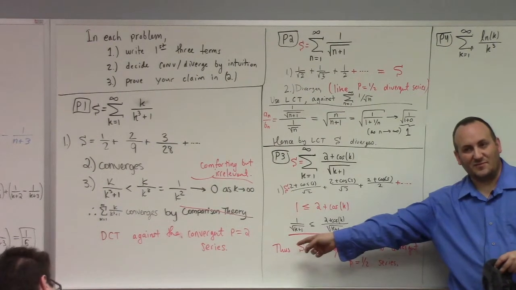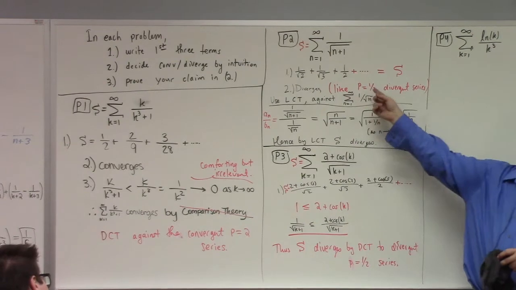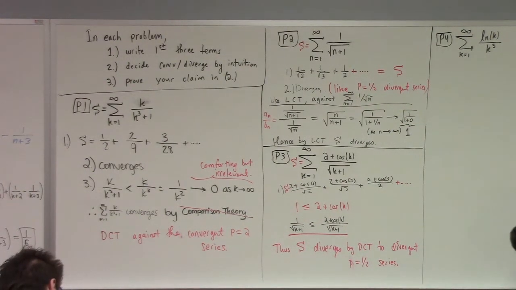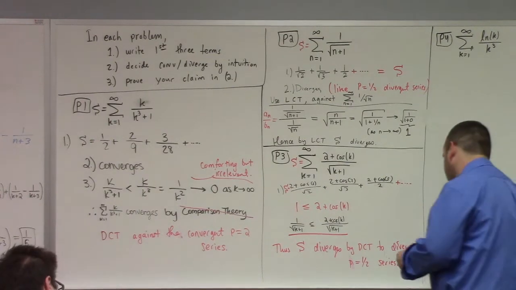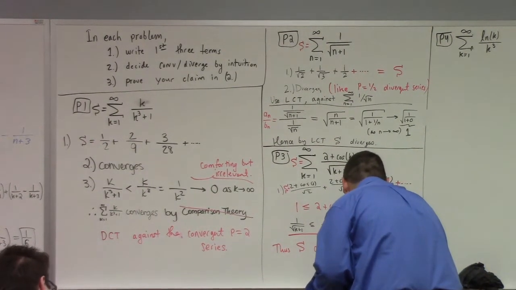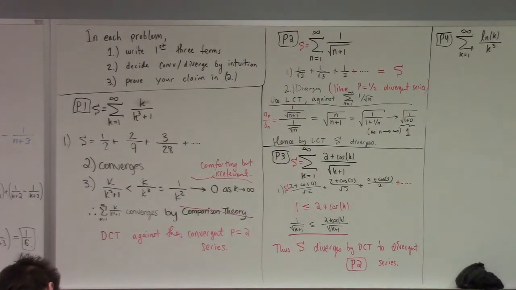So what am I using at the moment? Yeah, using problem 2, right? Okay. Not p equals half series, problem 2 series. Because in problem 2, we proved that 1 over the square root of n plus 1 diverges. That series diverges, yeah.